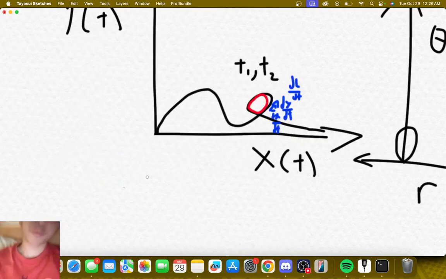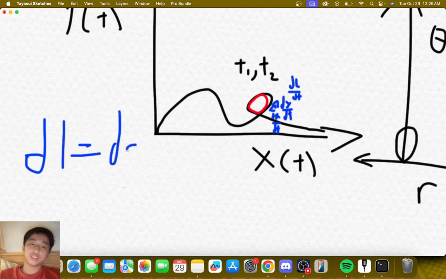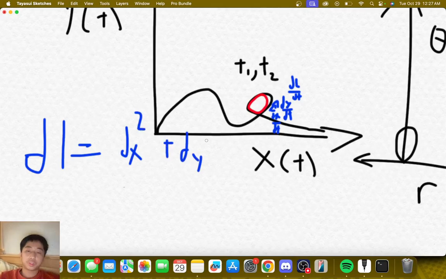I'm jumping ahead of myself. You don't really need those. That's dt, ds. Why am I writing ds? A small change dx squared plus dy squared, like I showed you previously.